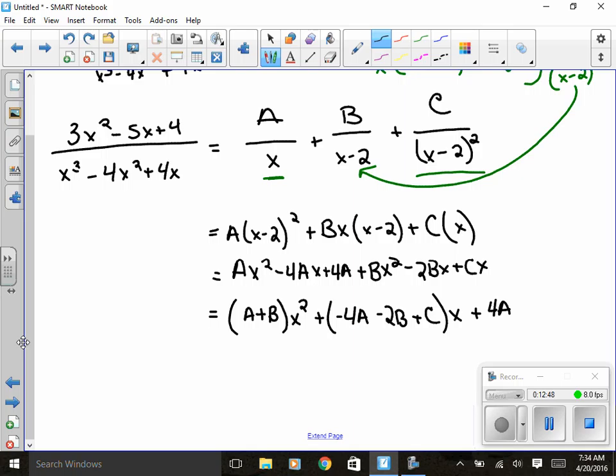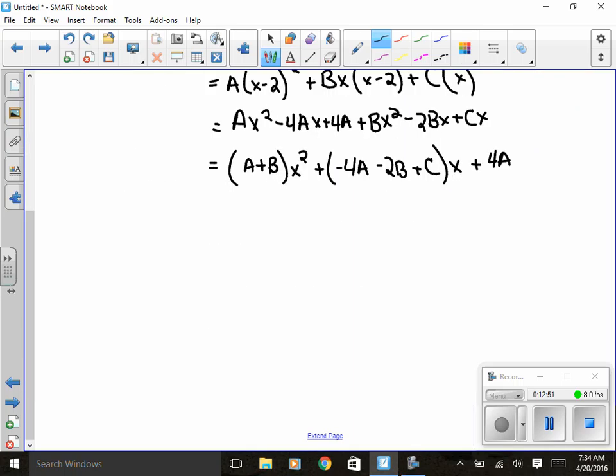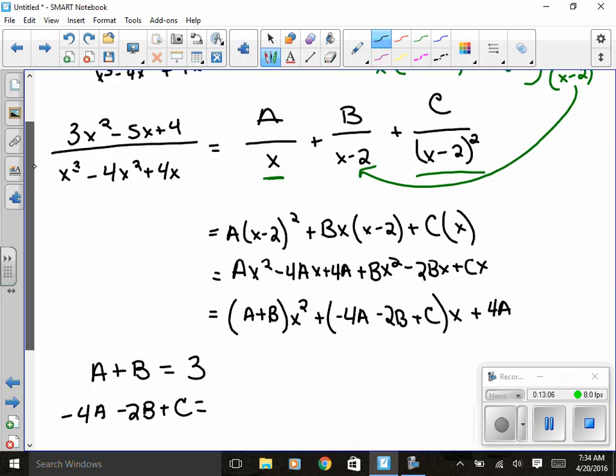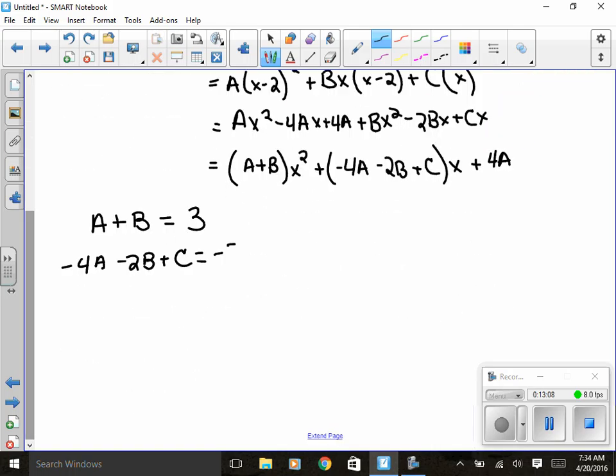From here, I'm going to go ahead and set up my matrix. I have a plus b equals, if I look back here, a positive 3, negative 4a minus 2b plus c equals a negative 5.